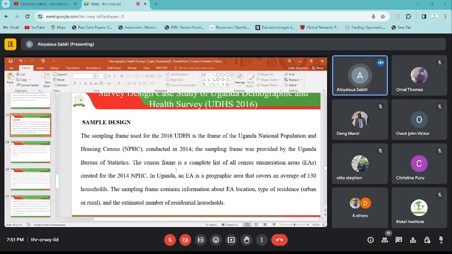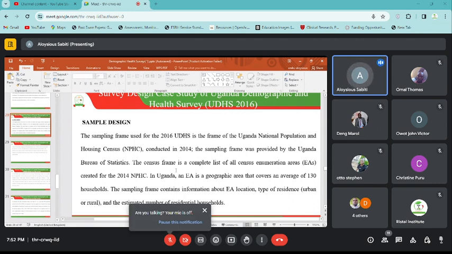So for Uganda's case study, the sampling frame used for the Uganda Demographic Health Survey is the frame of the Uganda National Population and Housing Census that was conducted in 2014. So you recall in my earlier statement that when you're doing household listing, data is used from the previous survey or census that was conducted.